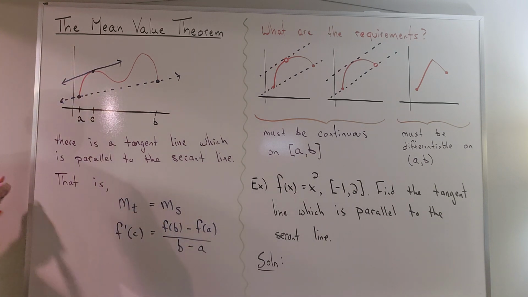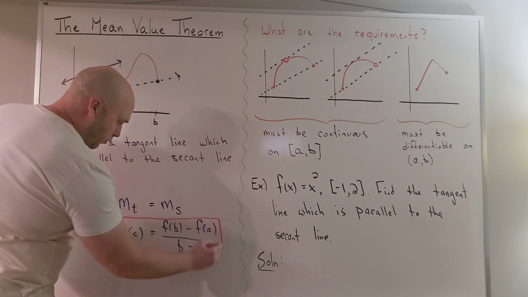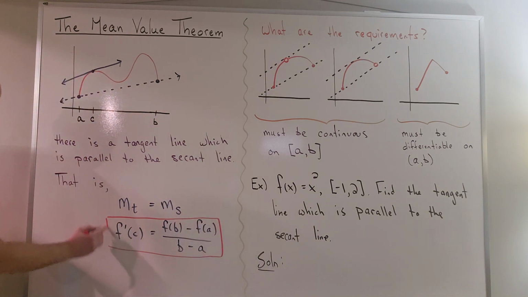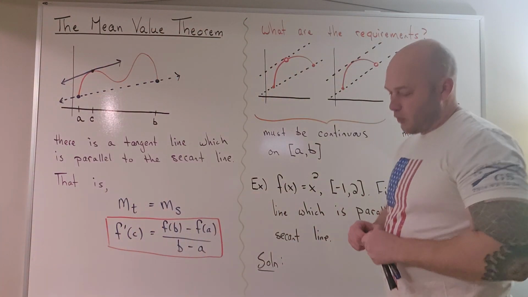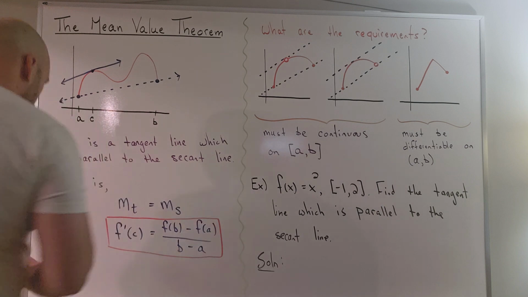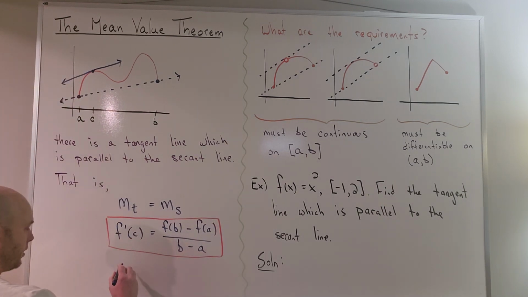And this right here is the standard equation that you will see represented in your textbook for the mean value theorem. There's another way that we can write that a little bit more formally. I can write f prime of c, of course, this is the derivative.